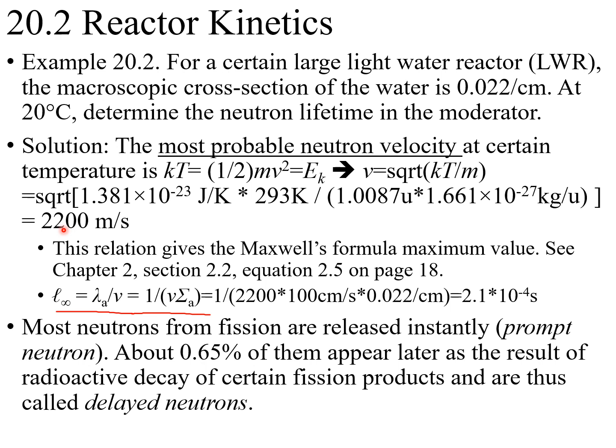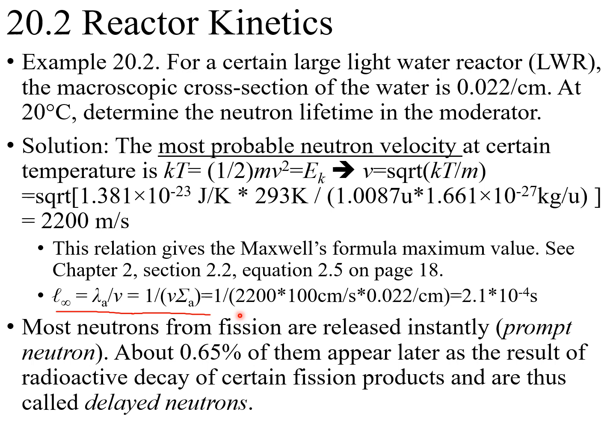Okay. Then we solved for the velocity, and we will continue to solve for the neutron lifetime. Following this equation, we have 1 over 2200 meter per second.